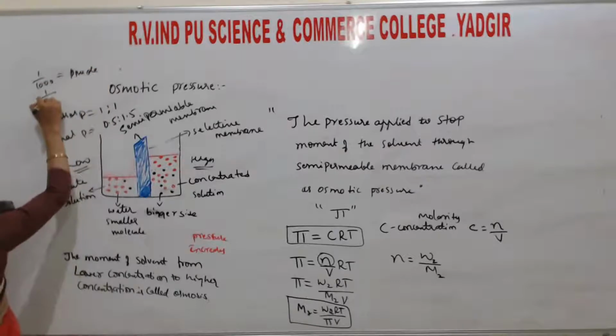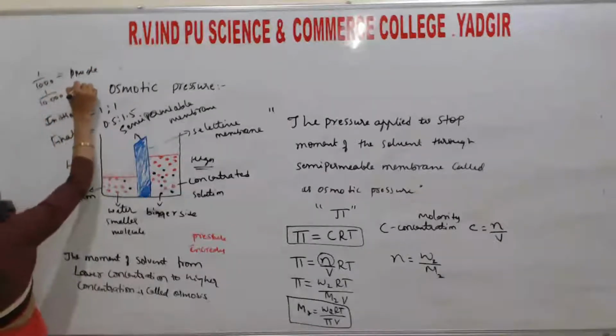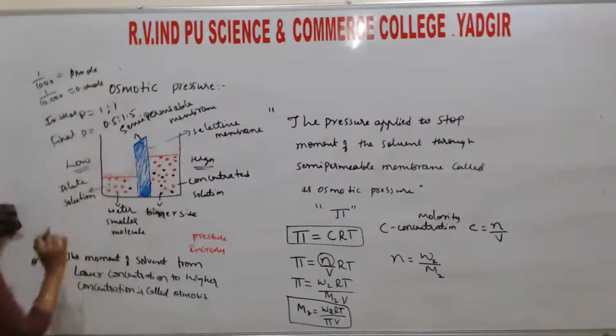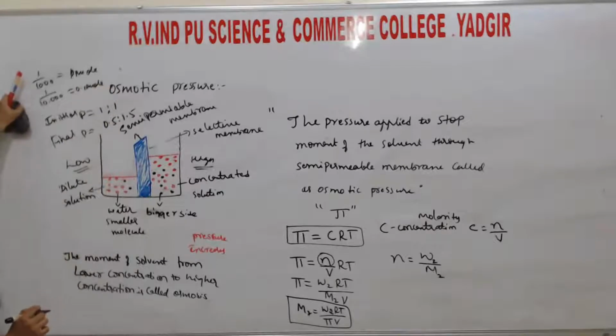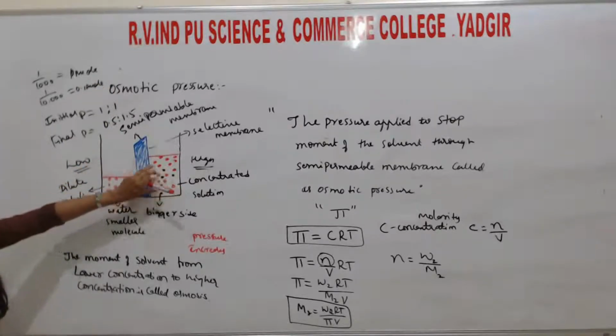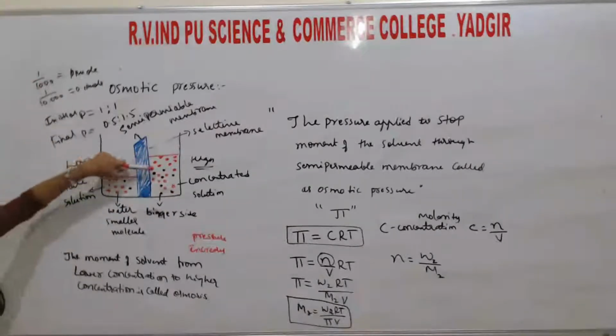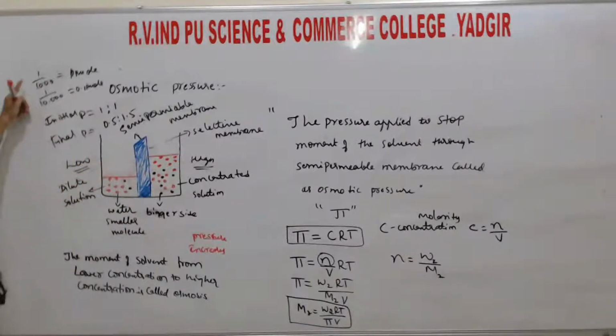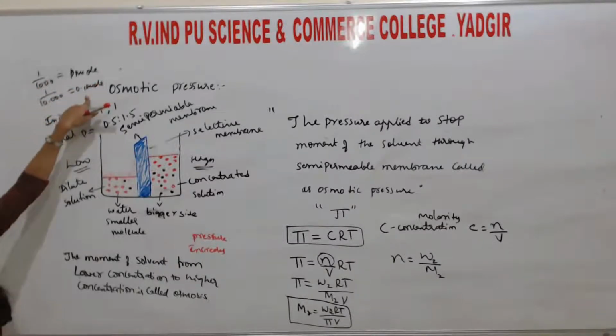So 1 divided by 10,000 means 0.1. Here 100 ml is there, here 1000 ml is there, so only one molecule is there on either side as well. So 1 divided by 1000 means 1 mole, and 1 divided by 10,000 means 0.1.